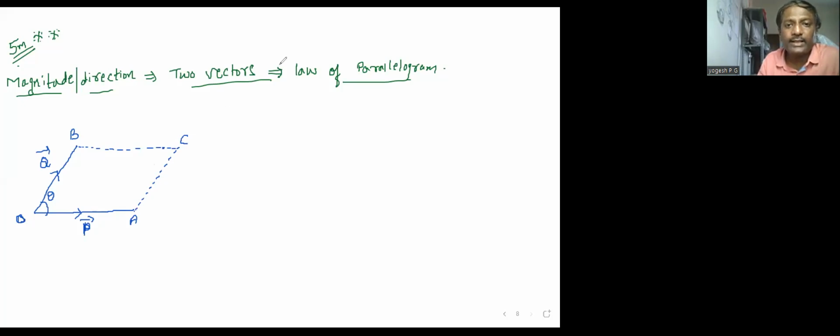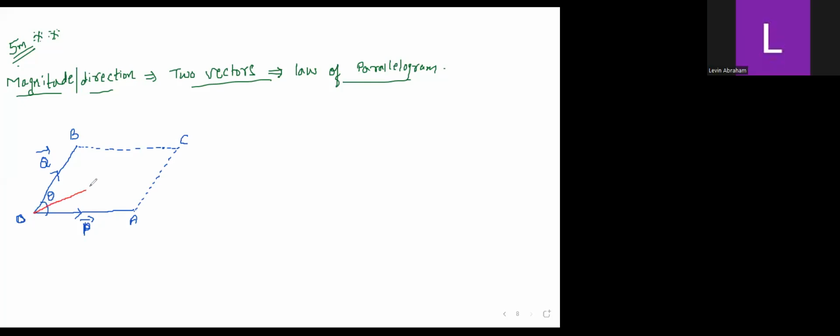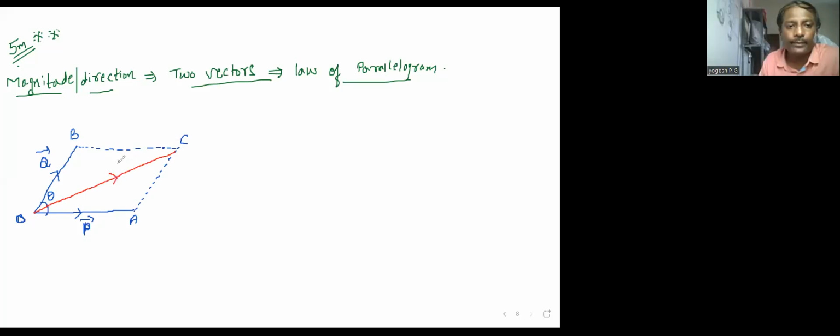Now, which is the resultant, students? OC is the resultant. Very good. Now, I drop a line perpendicular to the extended line OA, so I extend the line OA and write one perpendicular line here.